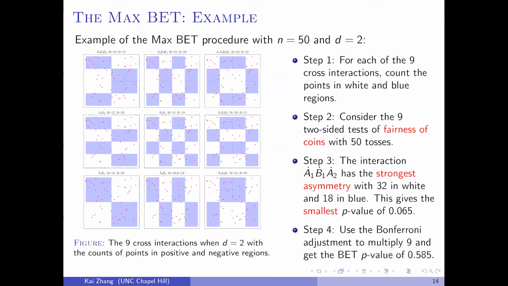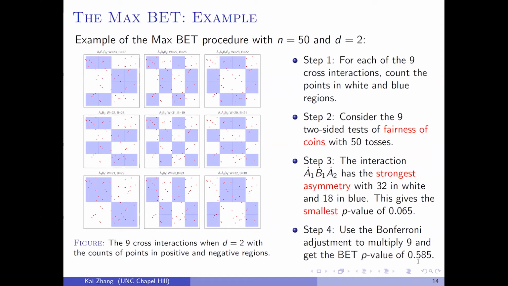Then we look for the maximum absolute difference between the white points and blue points, which is this interaction that has 32 in white and 18 in blue. We then use the binomial distribution to find the p-value, and use Bonferroni correction to multiply this p-value by 9 to obtain the overall p-value of the max BET.